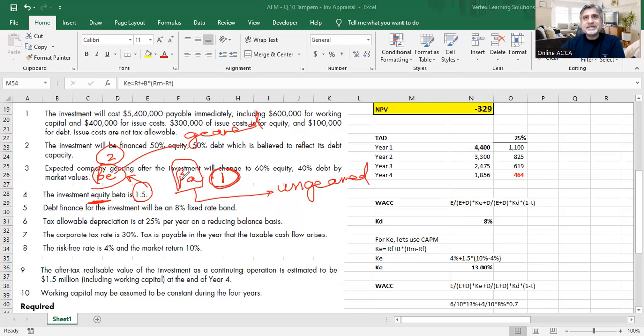What is the risk associated with this nature of business? This is a construction thing. So what is the risk of the construction business itself only? Forget about the risks for the debt, just remove it. So we need to ungear it. We call it ungearing.